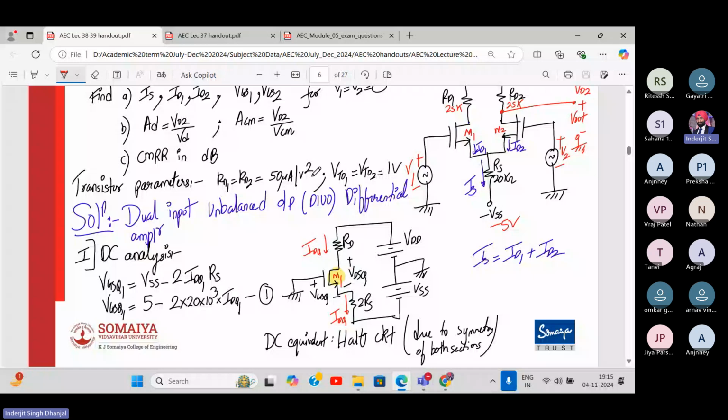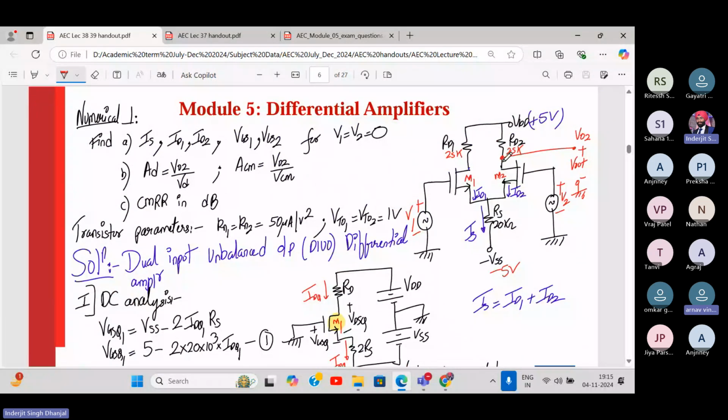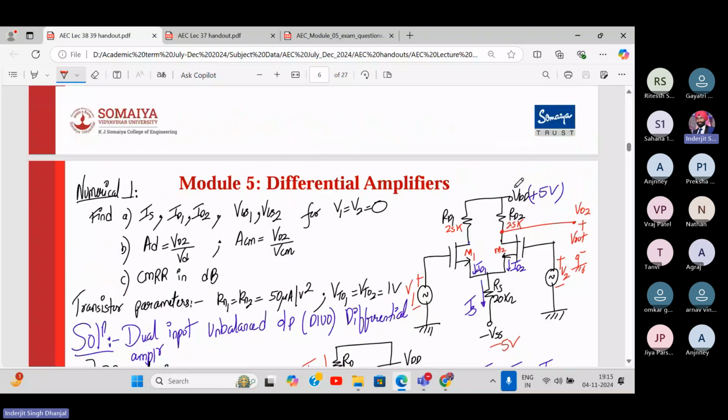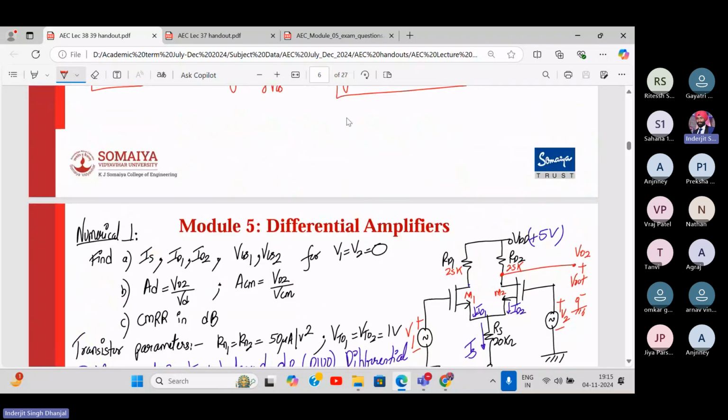Yes, sir. Please do practice this because only in the exam. Is it necessary to write it in decibels at the end as the final answer? Of course, yes. I've told you this, I'll tell you again. If the answer is between 1 and 10, you have to write up till 4 decimals after the point. Okay. If the value is from 10 to 100, you have to write up till 2 decimals.